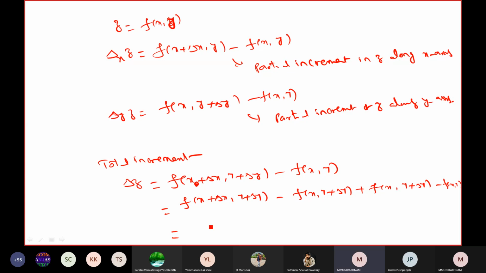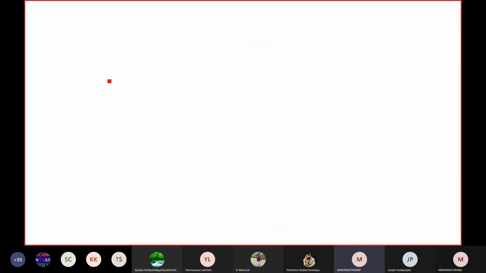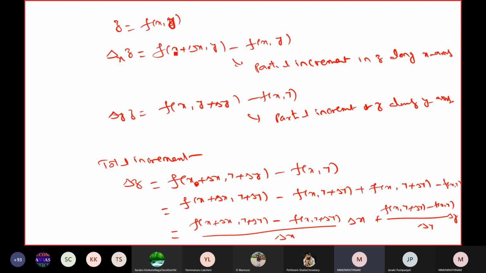So this will be f of x plus delta x comma y plus delta y minus f of x comma y plus delta y, whole divided by delta x, into delta x, plus similarly f of x comma y plus delta y minus f of x comma y, divided by delta y, into delta y. So this will be written as delta z equals f x times delta x, and similarly f y times delta y.